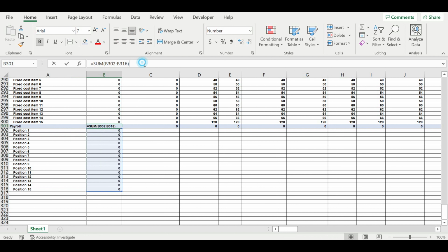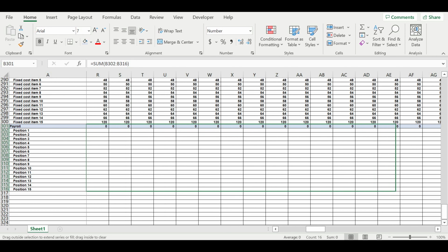Now we are checking totals. Then we are extrapolating this formula to the right as usual.